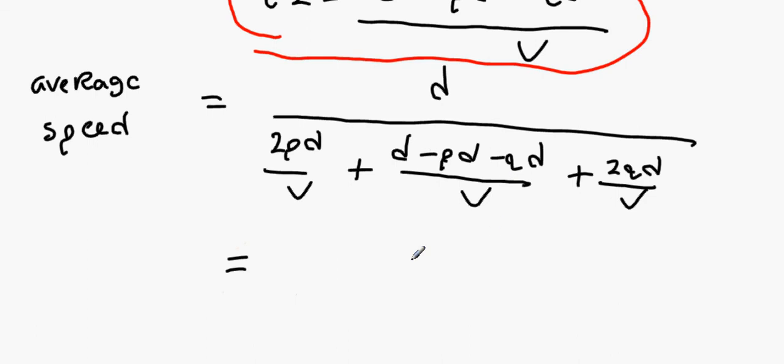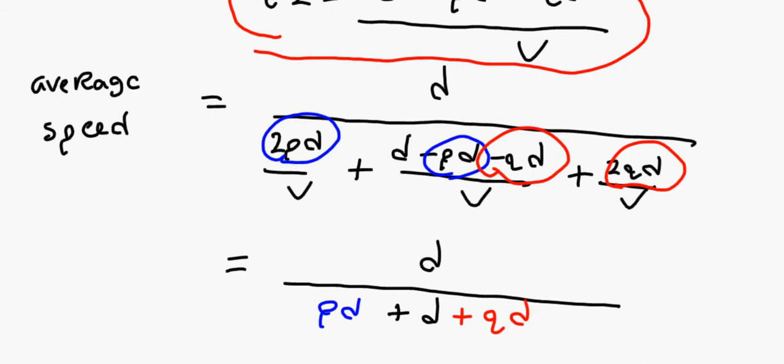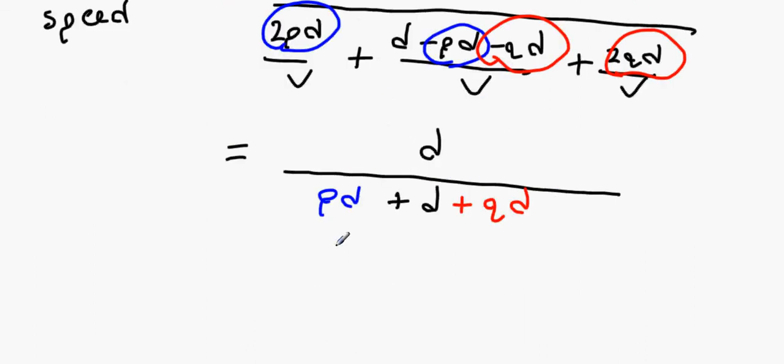So we're going to get D divided by, underlining the like terms, 2PD minus PD gives you PD, then D, and then the 2QD and minus QD give QD, all over V. We're going to bring this up and turn it upside down.